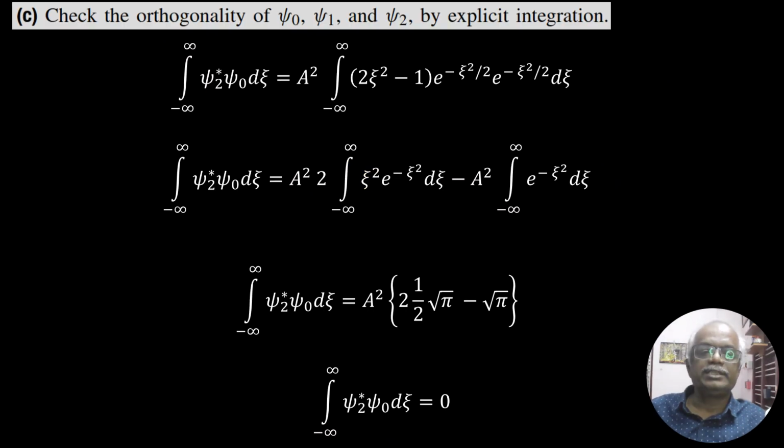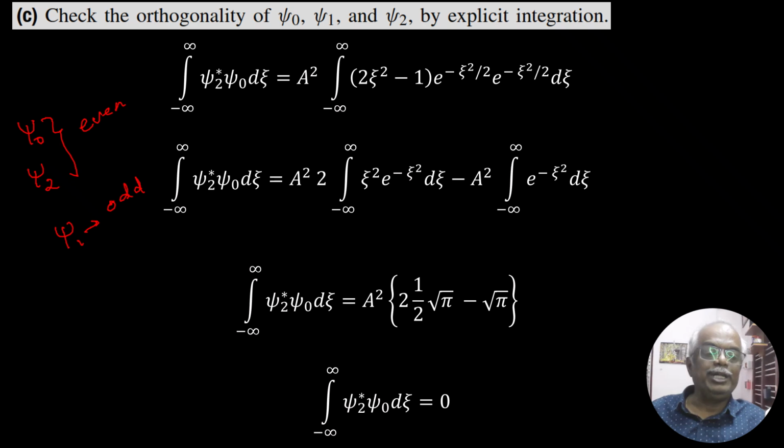Now section C is to check the orthogonality of psi 0, psi 1, psi 2. Just now we have seen psi 0 and psi 2 are even functions. These two wave functions are even, and psi 1 is odd.